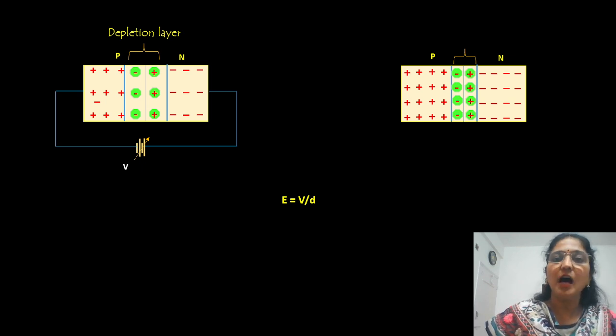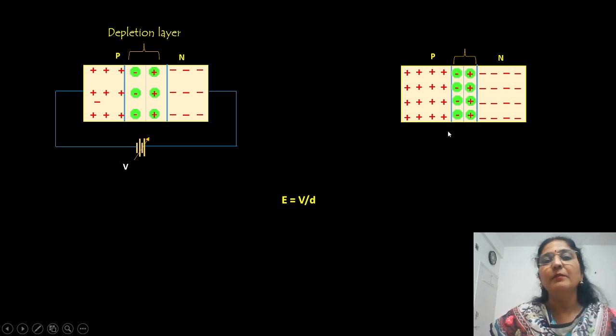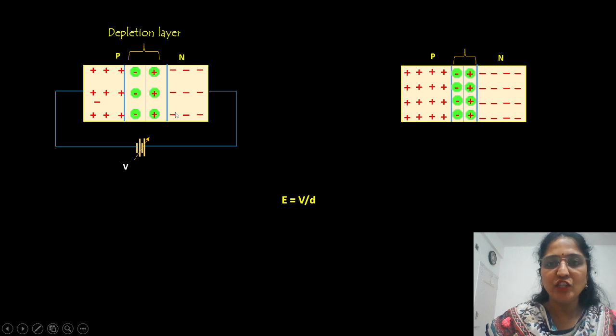Because of that, the outer electron from that atom also goes from the valence band to the conduction band. This process continues and very large heat is produced, and because of that the normal PN junction diode gets destroyed beyond the breakdown voltage. This is called avalanche breakdown.